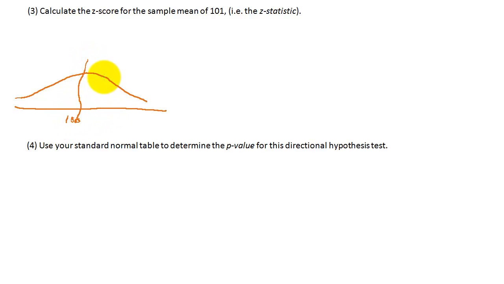What it's trying to find out is the possibility of people getting 101 if there is no effect, from the population of IQ mean of 100, standard deviation of, what was it, 25.